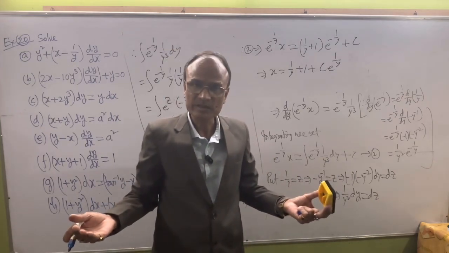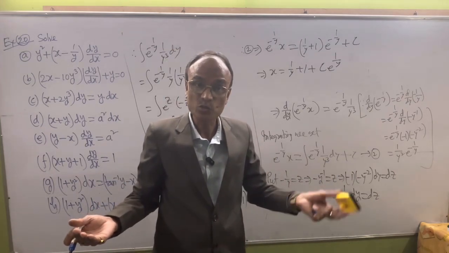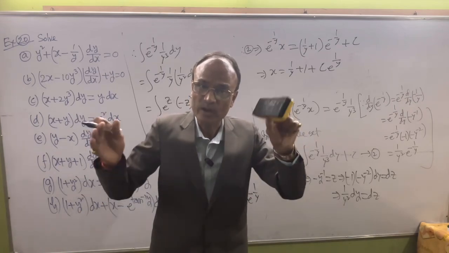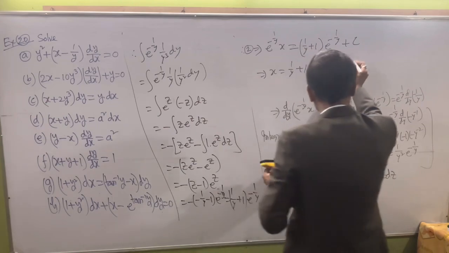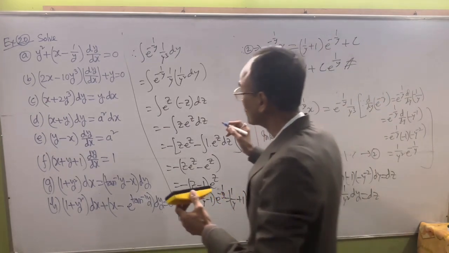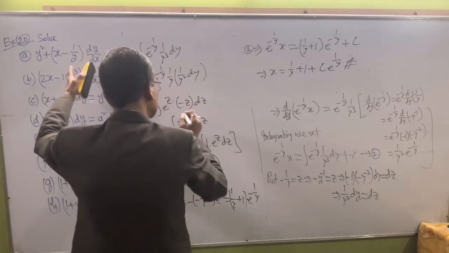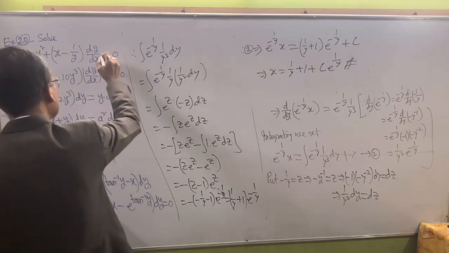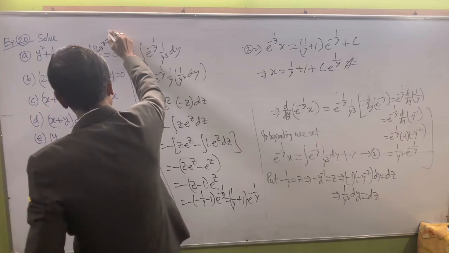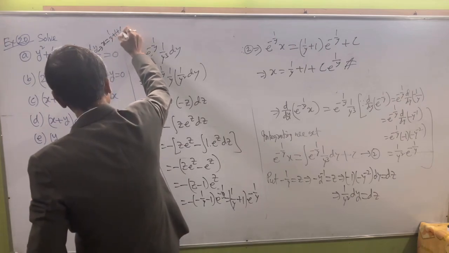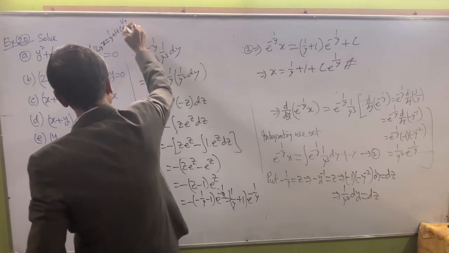This is also a linear differential equation with x as the dependent variable and y as the independent variable. That's all. This is the solution of the given differential equation. Just I have written x equal to 1 by y plus 1 plus c into e to the power 1 by y.